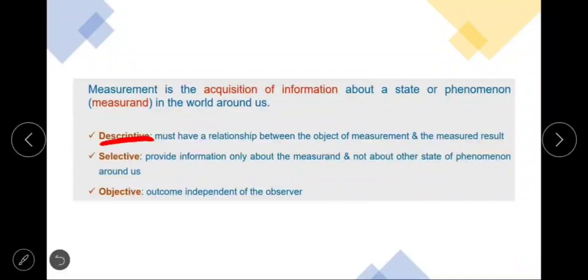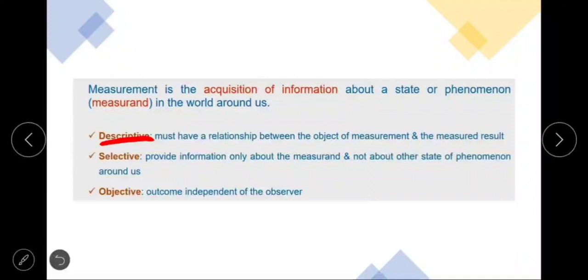So this is a definitive physical relationship between the temperature and the bulb of the thermometer. So there should be a well defined relationship between the object of measurement and the measured result.